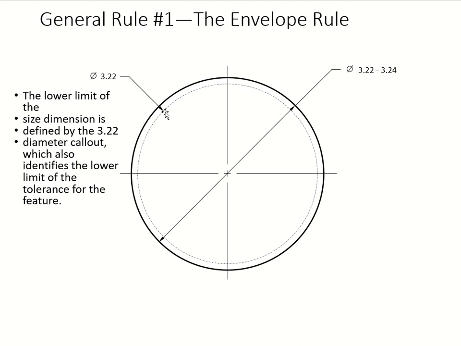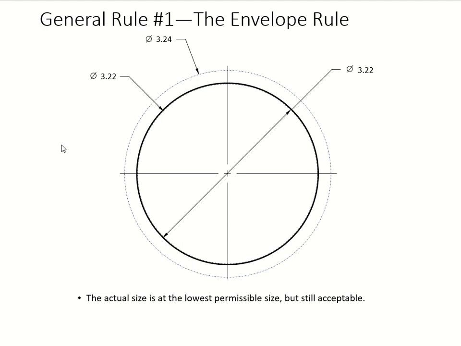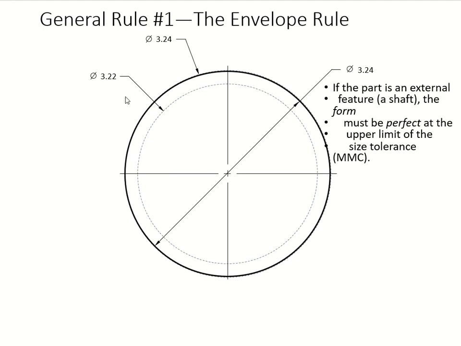The desired dimension is identified with this lower limit, in this case 3.22, and the upper limit, 3.24. We can approach the lower limit, and it is acceptable as long as it is in the range. We're also going to approach the upper limit.